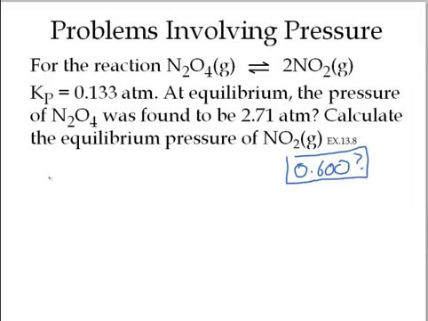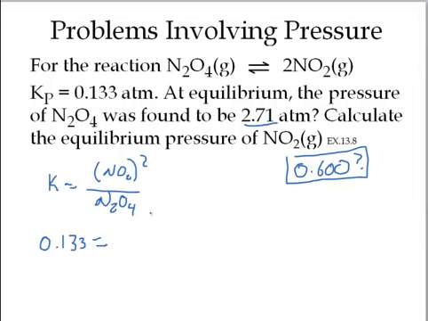If I were to write out the equilibrium expression, I'd go K equals NO2 squared over N2O4, right? Now, I know what K is, so I'll put that in there, 0.133, right? And what else do I know? I know at equilibrium that the pressure was 0.271 for N2O4.